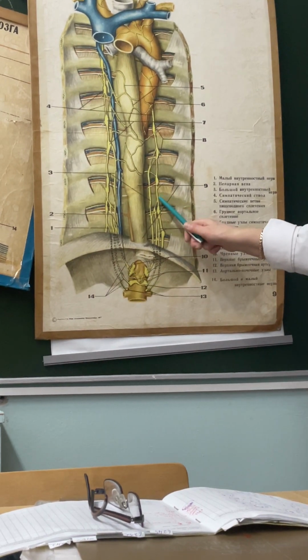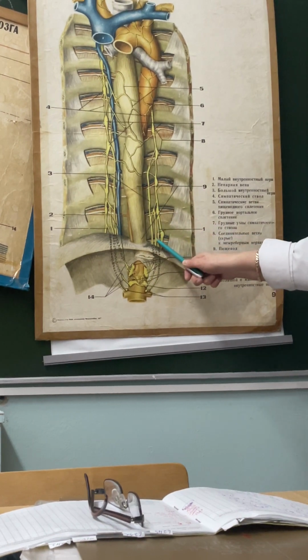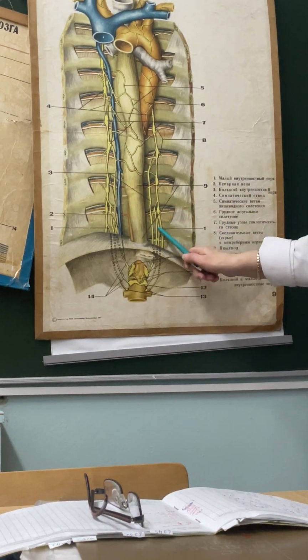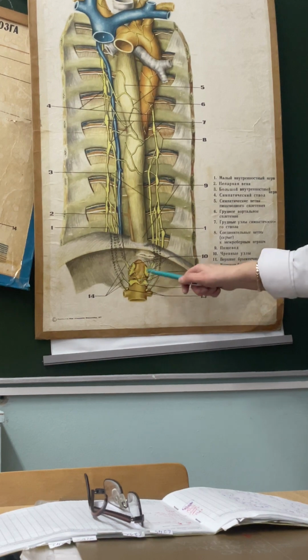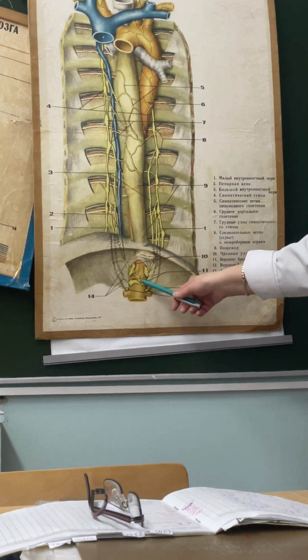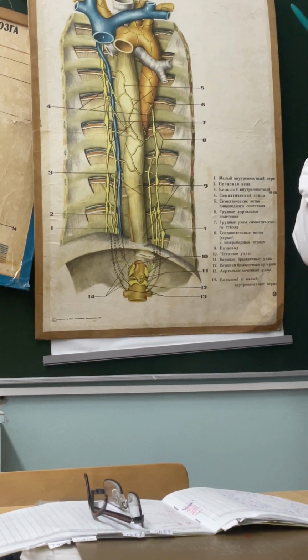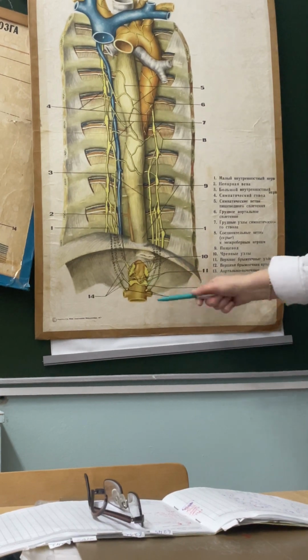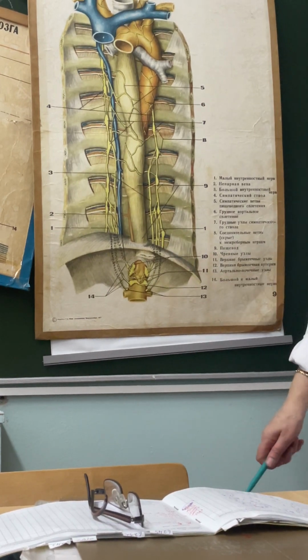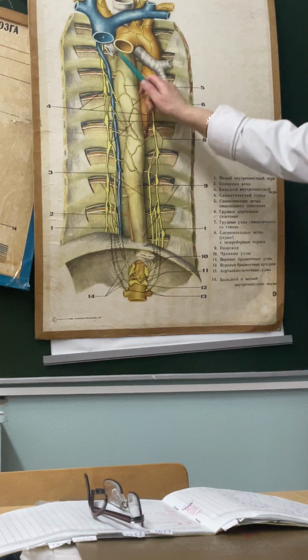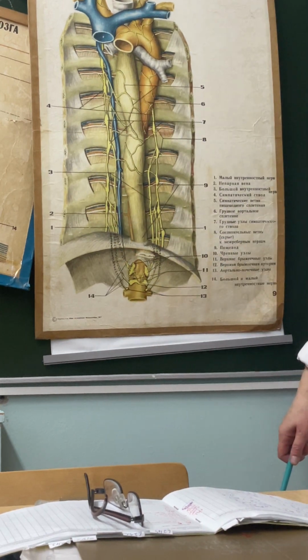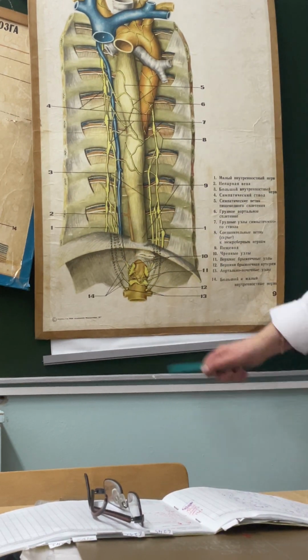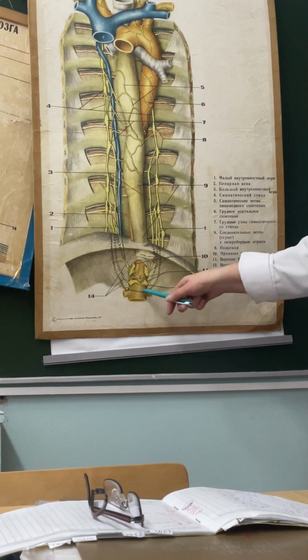Then we have lesser splanchnic nerves. You can add thoracic also. And it runs also to the celiac ganglia, to the superior mesenteric, yeah, aorticorenal also. And if we have 12 ganglia here, so from the 12th one we have the least splanchnic nerve. Also you can see it runs here.